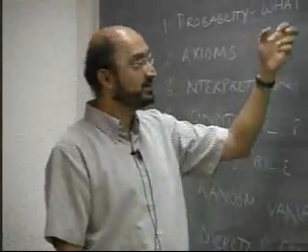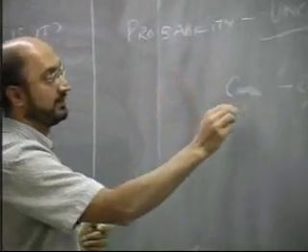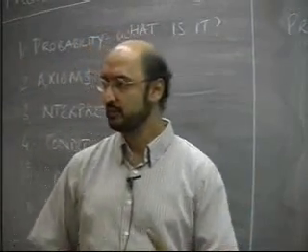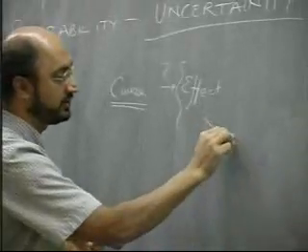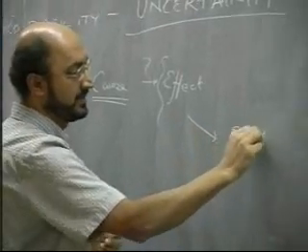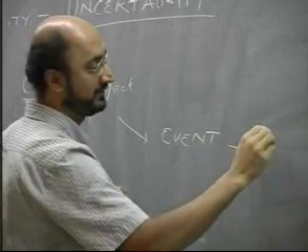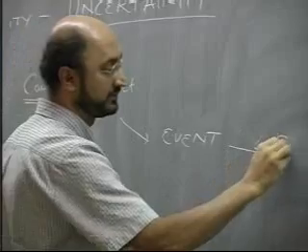Now, to make it more precise, what we say is this. We have that there is some cause, and the effect, instead of being this mushy cloud of, well, anything can happen, we'll be more scientific about it. What we say is that the effect is going to be an event, and that event can be enumerated in some fashion, either a finite or an infinite enumeration, from a sample space.